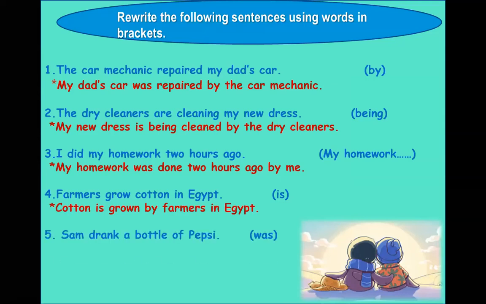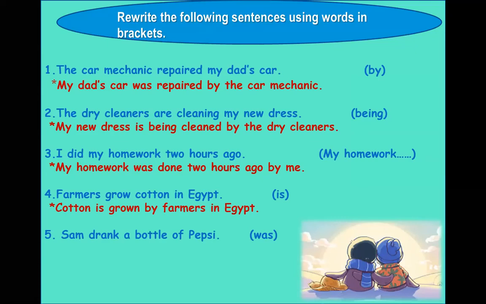Perfect. Number 5, Sam drank a bottle of Pepsi. Who wants you to use was? In question number 4, can I say cotton is grown by farmers in Egypt?